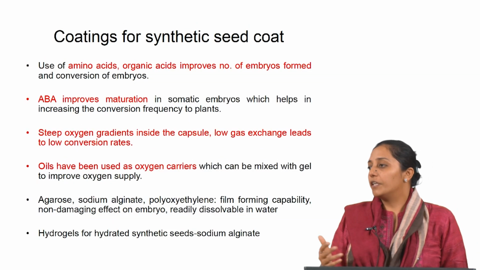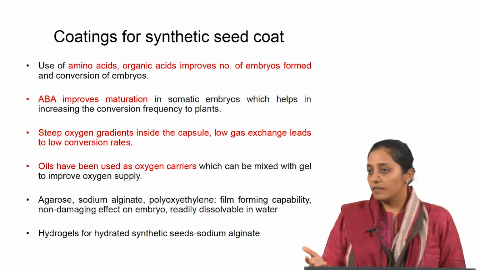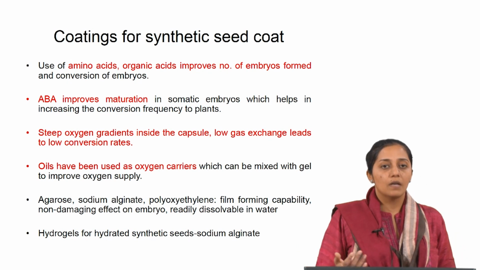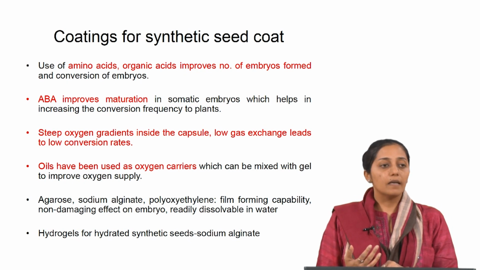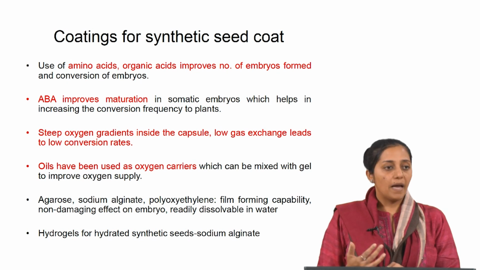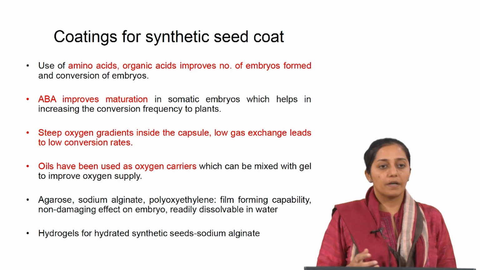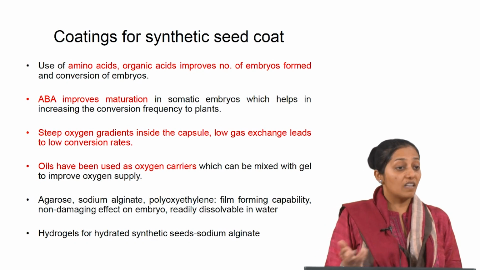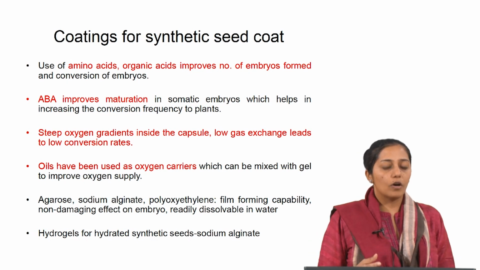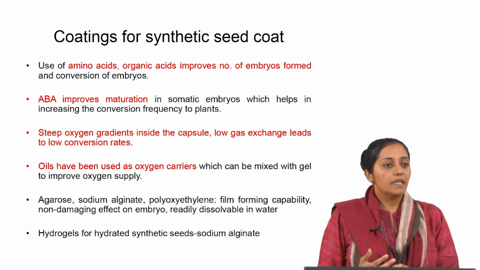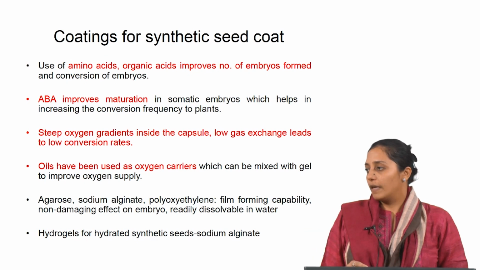So, what can be used to generate more somatic embryos or to increase their vigorousness? People have used amino acids and organic acids like aspartic acid, malic acid, in the form of salts, potassium malate or potassium aspartate, even succinate. These are called organic acids. Supplementing the media with these organic acids has helped in increasing the number of embryos generated and even the conversion of embryos.